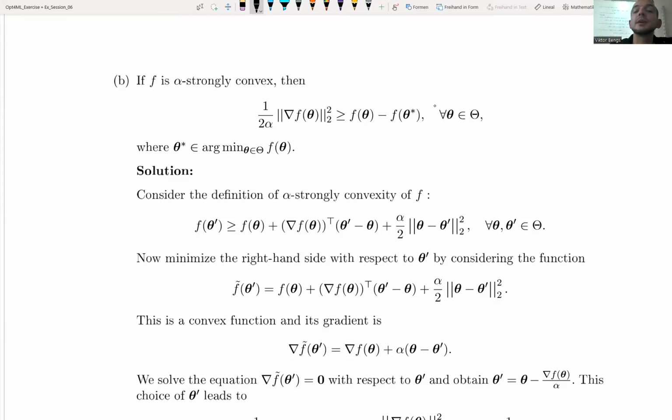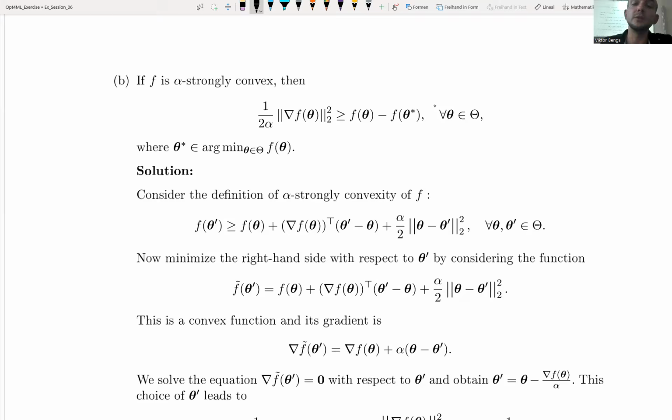And it's a quite nice inequality because if you look at the right-hand side, such terms are of interest if we analyze different types of gradient-based methods, where we want to bound the difference between our current iteration, so theta would play the role of our current iteration, and the objective function evaluated at the minimizer.